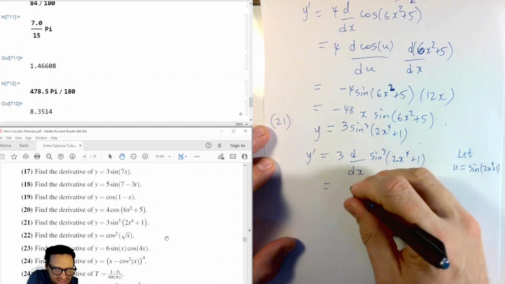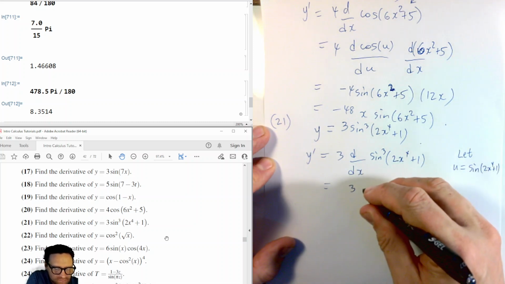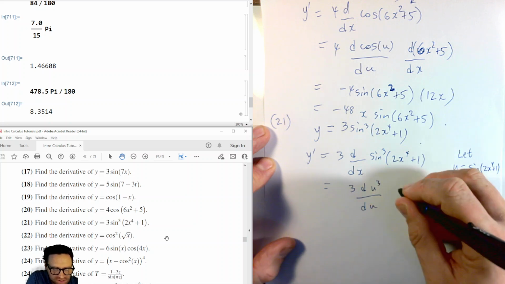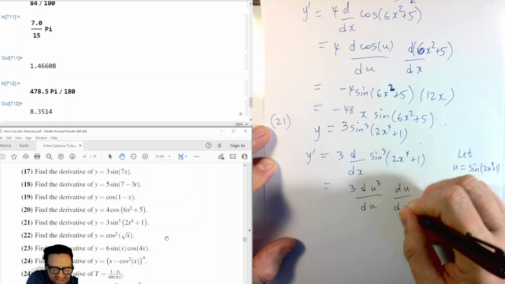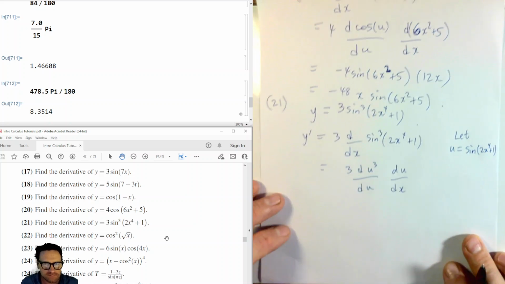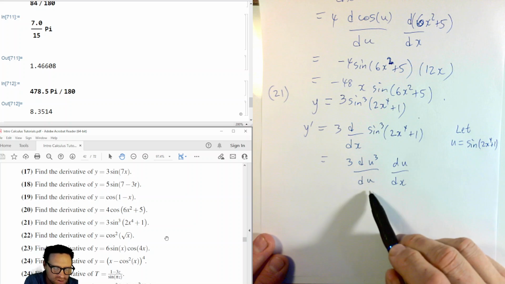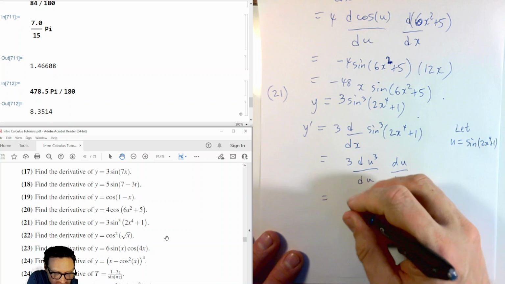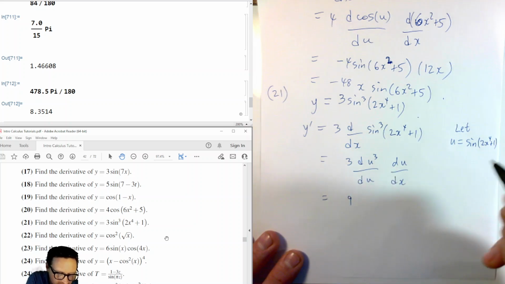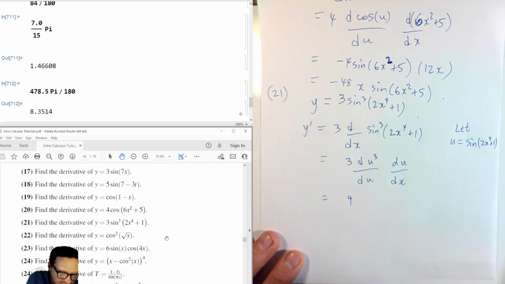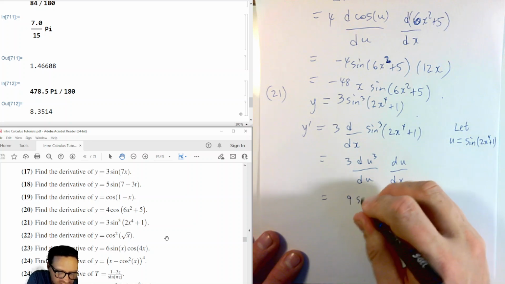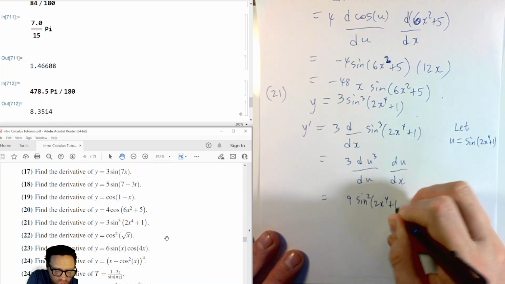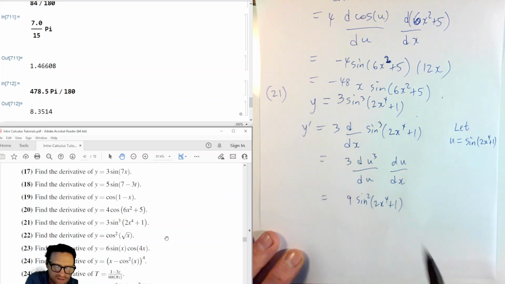Then this is 3 d u cubed on du times du on dx. The derivative of u cubed with respect to u is 3u squared. So 3 times 3 is 9, so we have 9u squared. But u is sine of (2x to the 4th plus 1), so that's sine squared of (2x to the 4th plus 1) for this part of it.